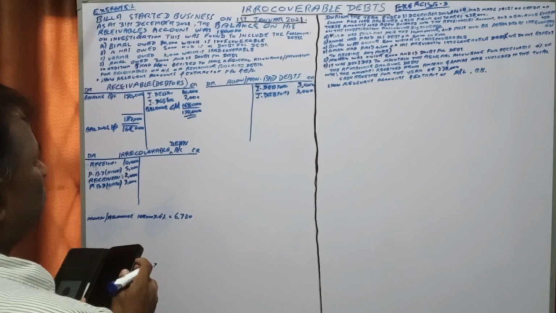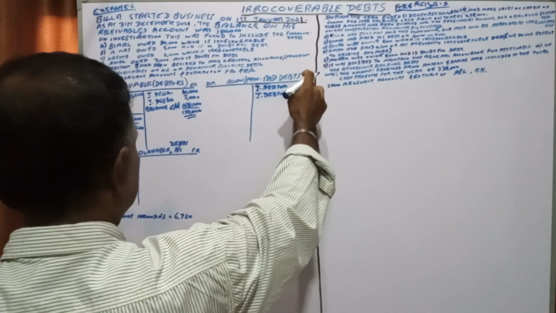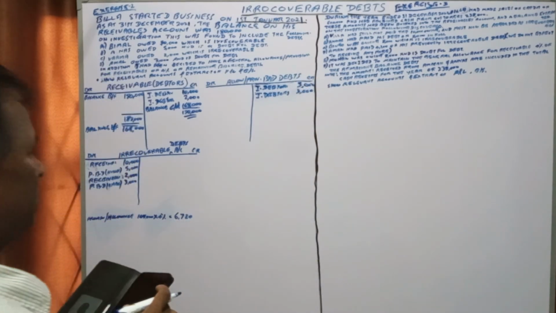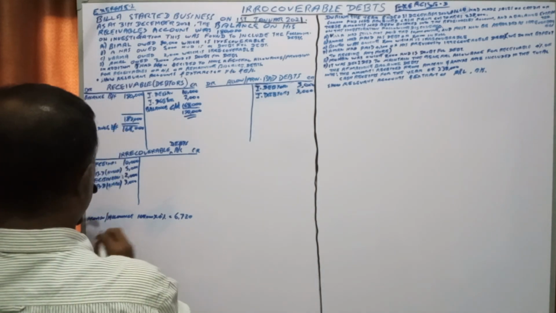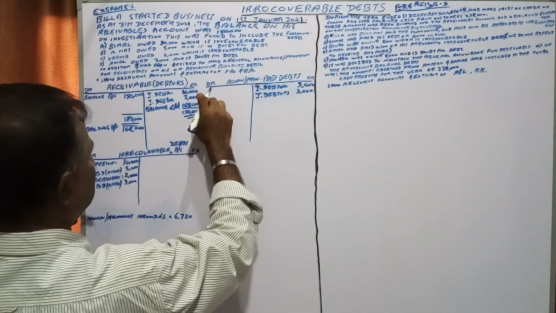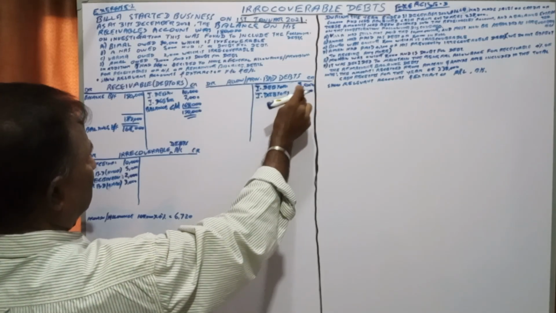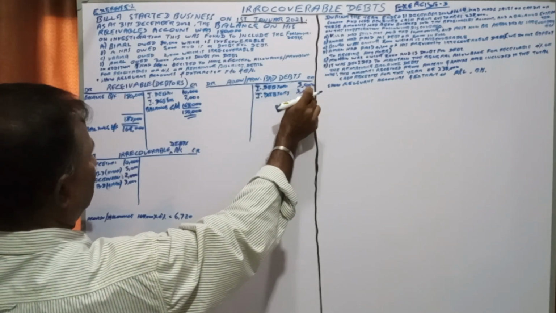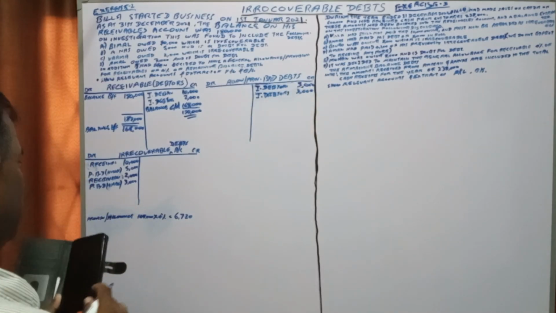We have to remove the allowance provided for these 8,000, because they are not going to pay the amount we have provided for.